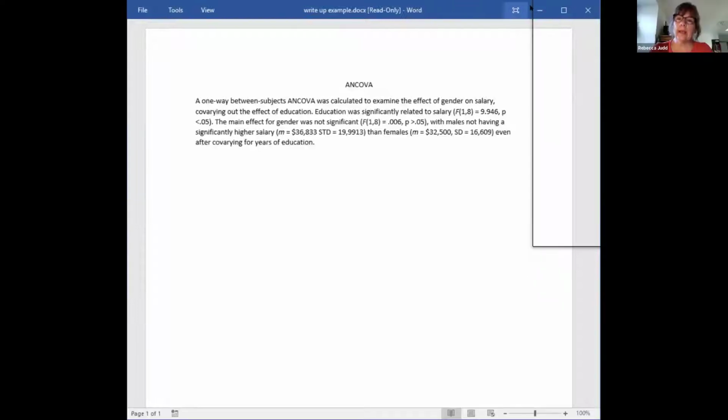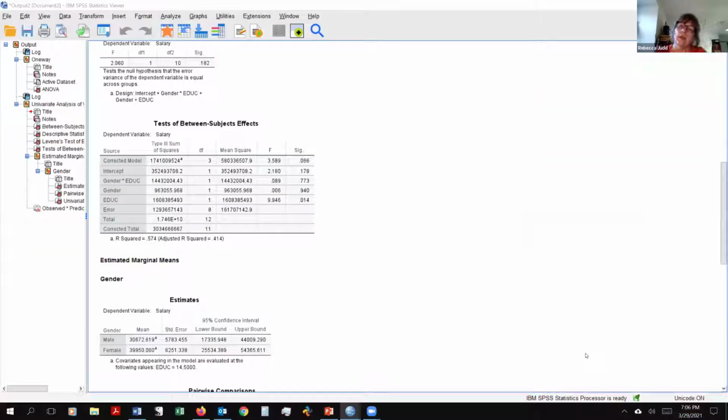So really, running it is not a lot different than when you run other things. All of the other stuff that you do in terms of your descriptives, describing your sample, and your assumptions follows the same patterns as what we've already done when we did multiple regression and repeated measures ANOVA.